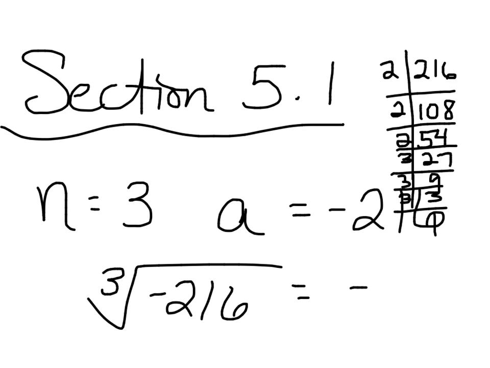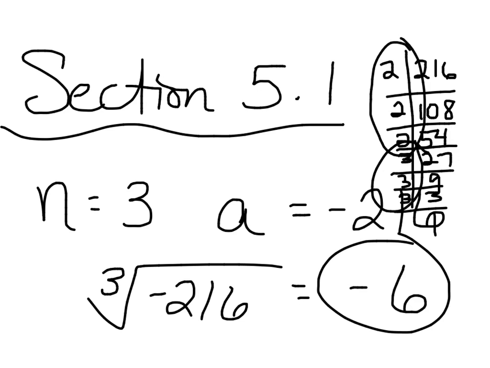Do we have a group of 3 2s? Yes. Do we have a group of 3 3s? Yes. Is there anything left over, by the way? No. What's 2 times 3? So my answer was negative 6. 2 times 3 is 6.